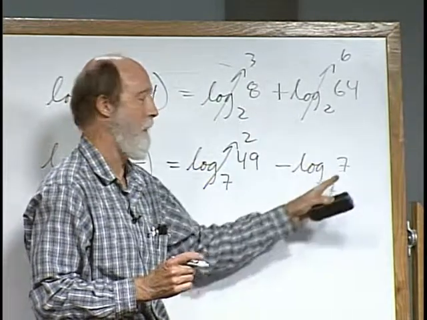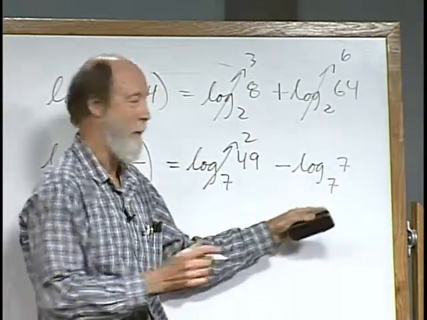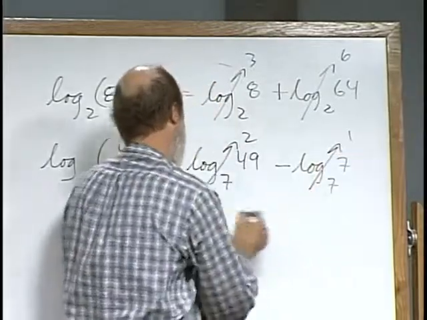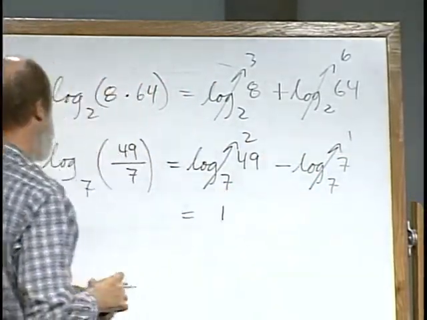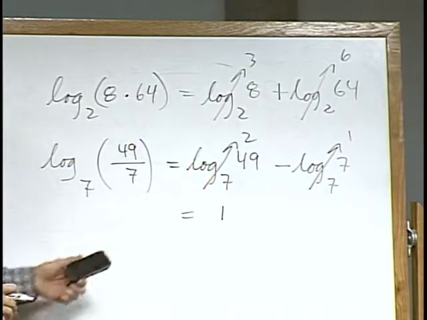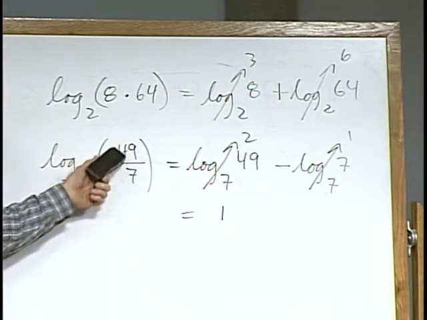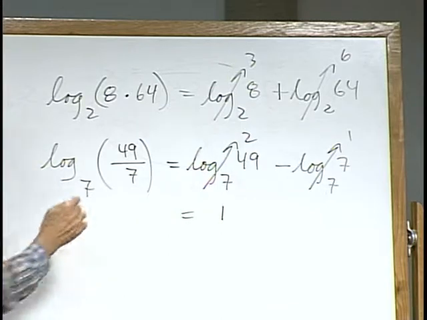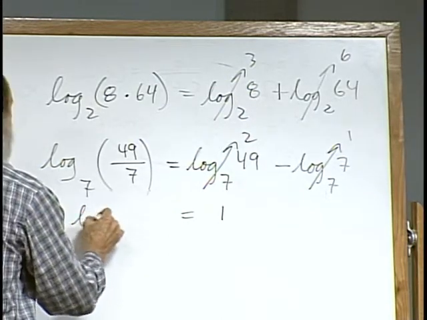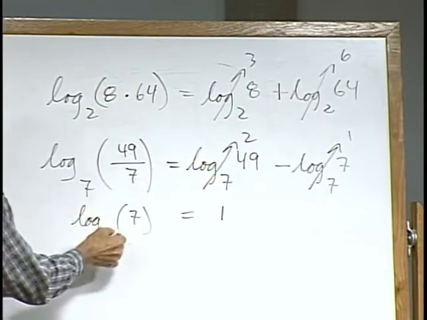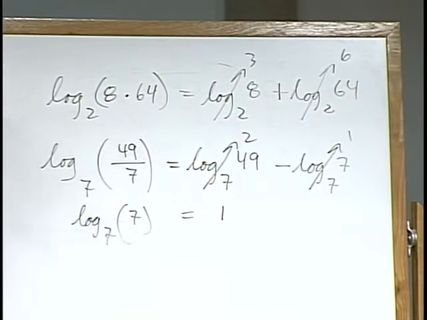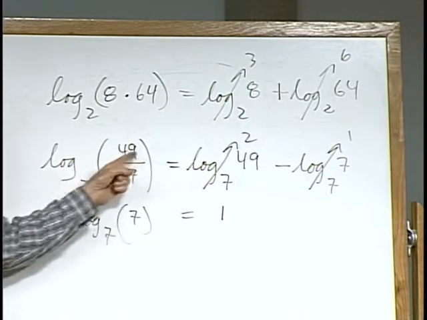Exponent of 7 that gives you 7? 1. So we get 2 take away 1 is 1. Can you check that by doing the arithmetic here? If you really want to. 7 goes into 49 7 times. What's the log base 7 of 7? 1. Okay. The important thing by the example, though, is that the log of a ratio equals the difference in the logs.